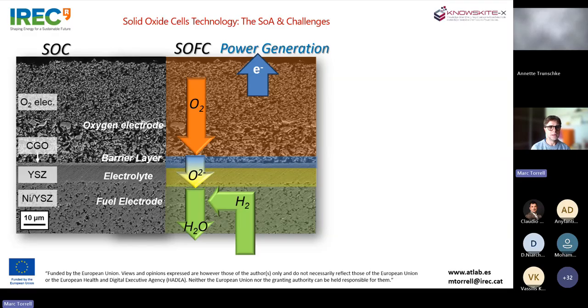We have the oxygen electrode, where in fuel cell mode we have the reduction of oxygen to the oxygen ion, which is then transported by the electrolyte membrane, in this case typically doped zirconia oxide, that sometimes, depending on the electrode, needs a ceria barrier layer to protect from the reactivity that comes from the interdiffusion of cations from some electrodes, mainly perovskites, that can react with the zirconia and generate insulating phases.